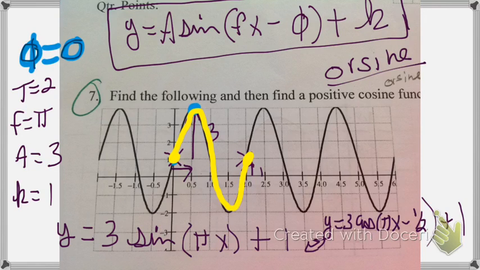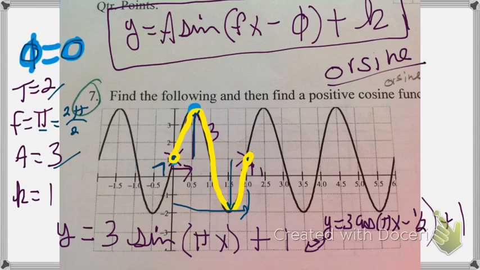Okay. Now the period is how long it takes to get from here to there, and if we look at that, we start at 0 and we go to 2, so the period is 2. Now the frequency is going to be 2 pi divided by the period, so 2 pi divided by 2, the frequency is pi. Amplitude is the distance from the midline to a peak, or the midline to a trough, which in this case is 3.